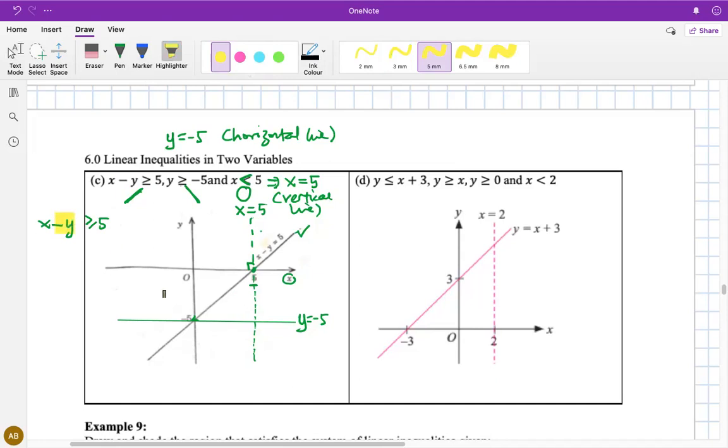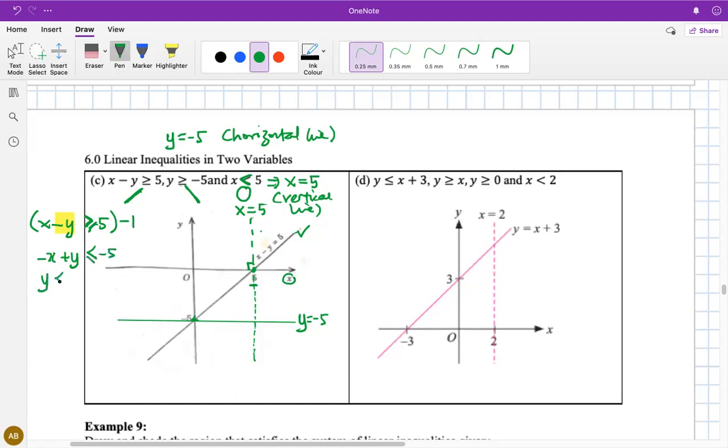So what we do? We multiply the whole thing with -1. When you multiply -1, the symbol must be flipped, meaning more becomes less. Okay, so therefore we have -x plus y less than or equals to -5. So hence y is less than x minus 5.